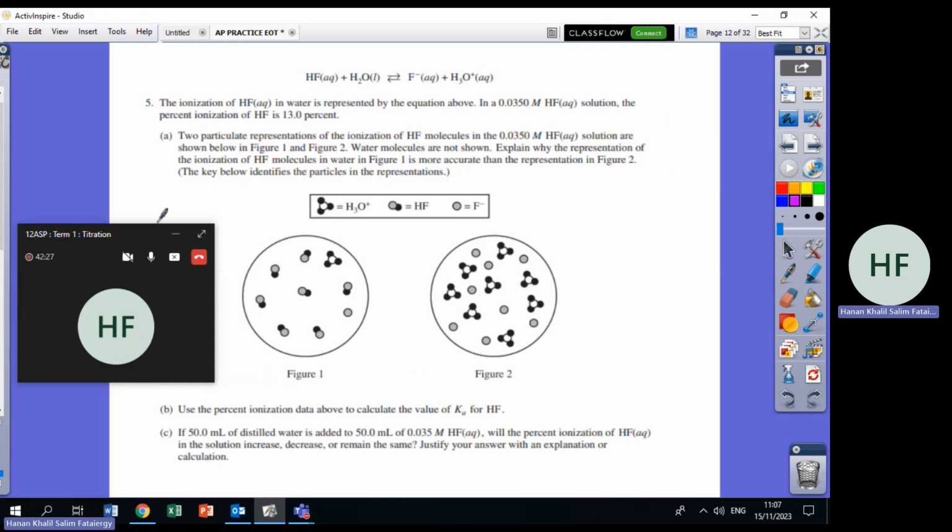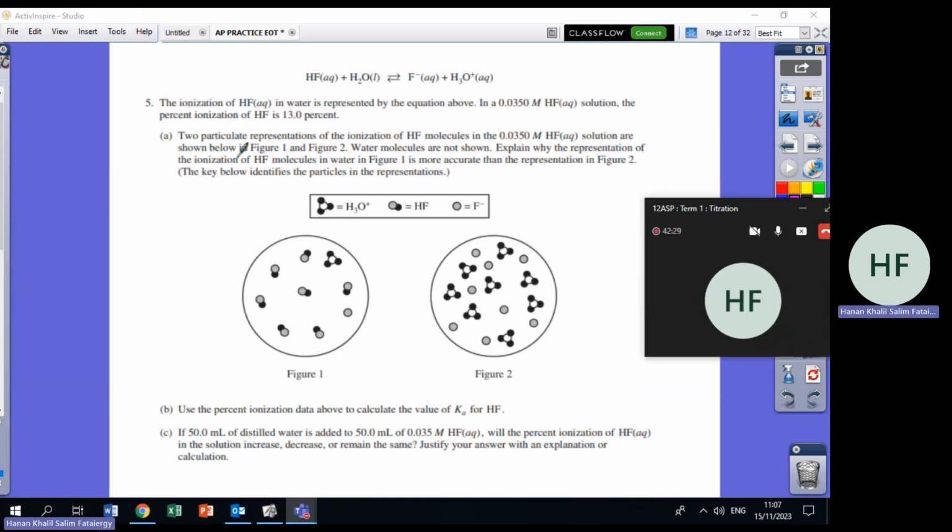Let's do this question. The ionization of HF. Of course HF is considered a weak acid. How did we know it's a weak acid? As soon as we see the double arrow, it is a weak acid. Weak acid means it undergoes partial ionization, so not all of the HF will ionize. Part of it will make F- and H+, and part of it will stay as HF.